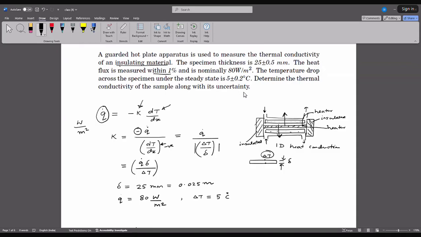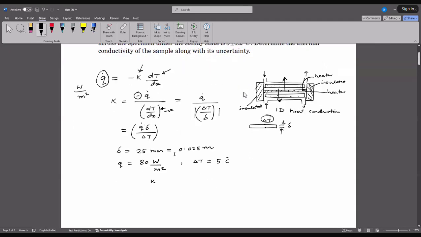All these three quantities you actually know. So you can find the thermal conductivity K to be Q dot, that is 80, multiplied by delta, 0.025, divided by delta T, which is 5.